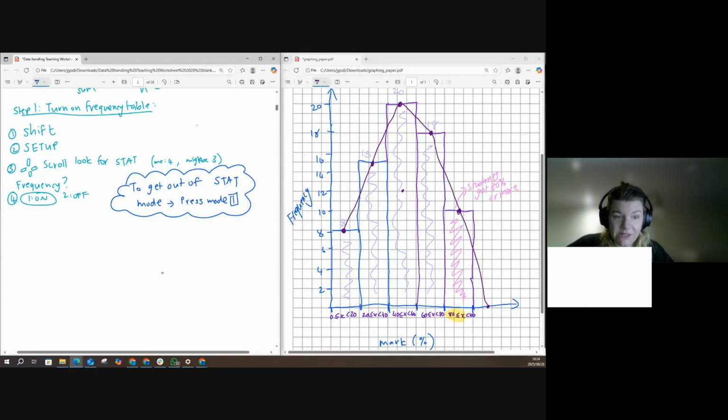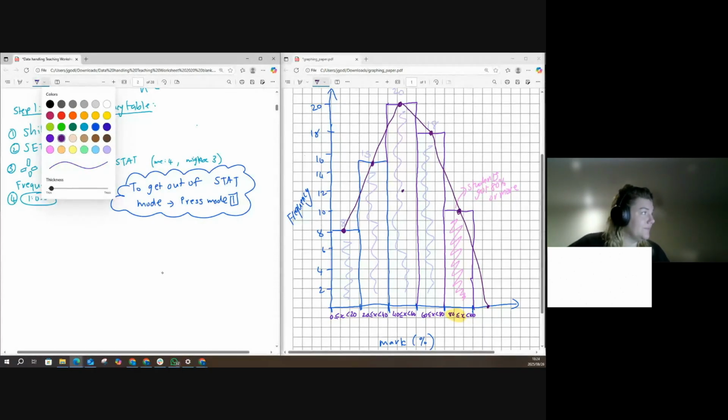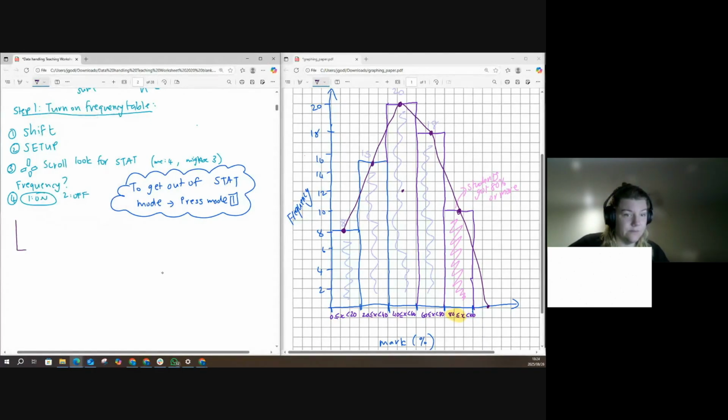Now, if we wanted to do this estimated mean on our calculator, okay, so you're going to click mode, and then you're going to click stat. For me, it's number 3, but for you, it might be number 2.